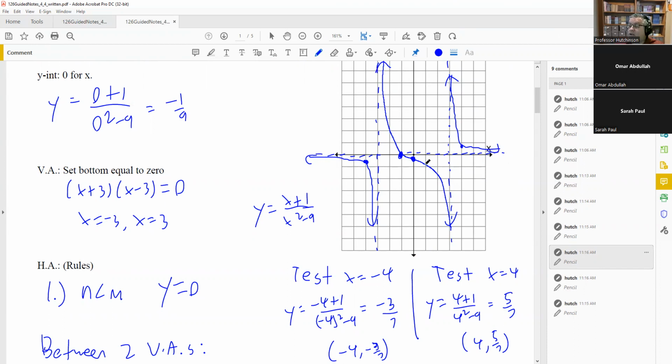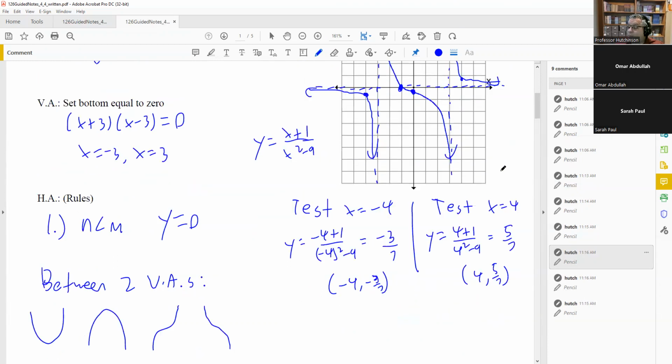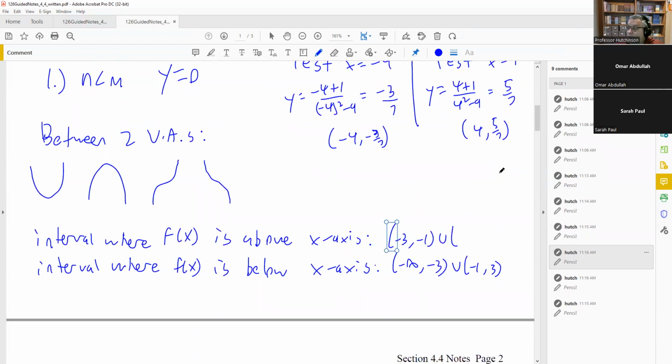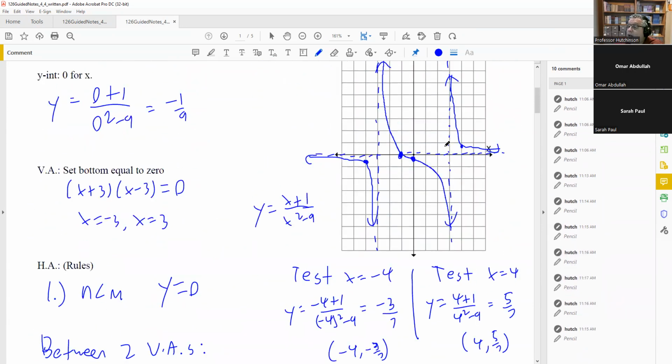The only place it crosses is right here in the middle, between the two vertical asymptotes. Otherwise, when you get real big or real small, the graph just follows the x-axis all the way down. So this is going to be from 3 to infinity. From the x value of 3 to infinity, the graph is above the x-axis.